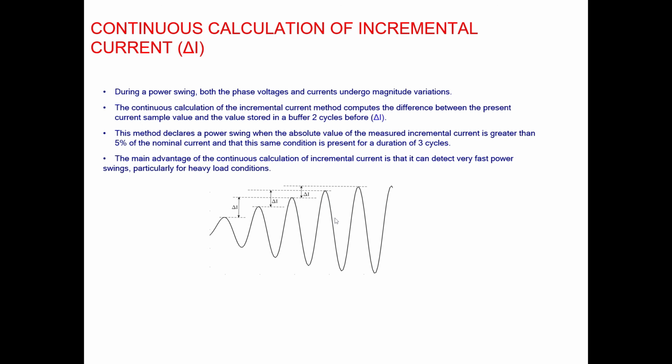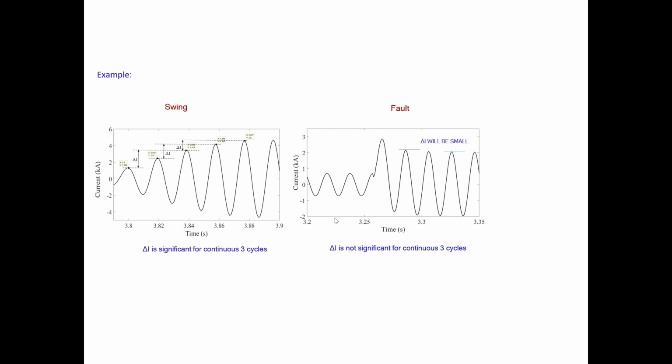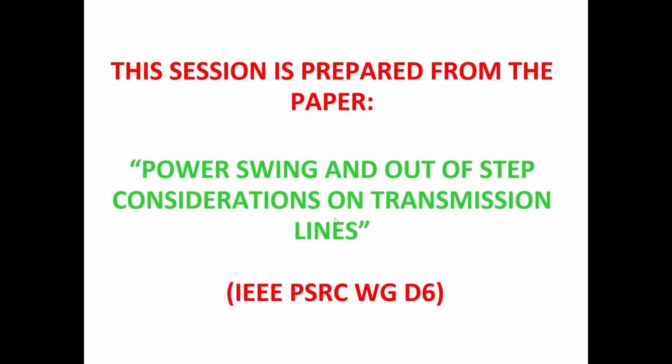Basically, the swing center and R dot approach is a purely mathematical concept, and if you want to have greater insight on these topics, just refer to the paper which I have already explained, Power Swing and Out of Step Consideration on Transmission Line by IEEE PSRC Working Group D6, or you may refer to a paper published by SEL in 2012-13 on the same topic, Power Swing and Out of Step Consideration, depending upon your requirement.